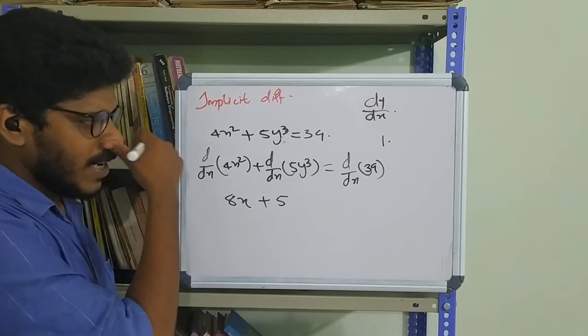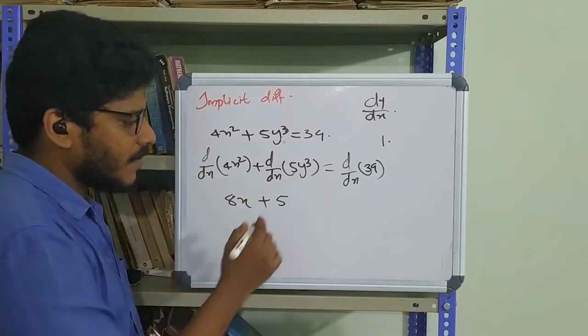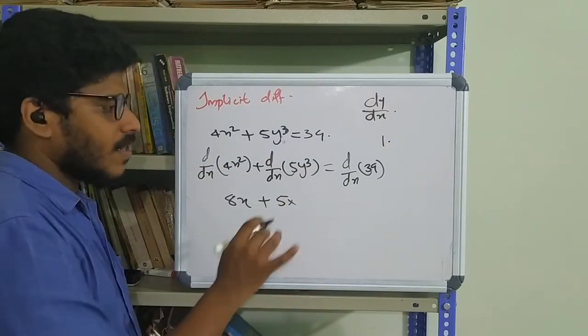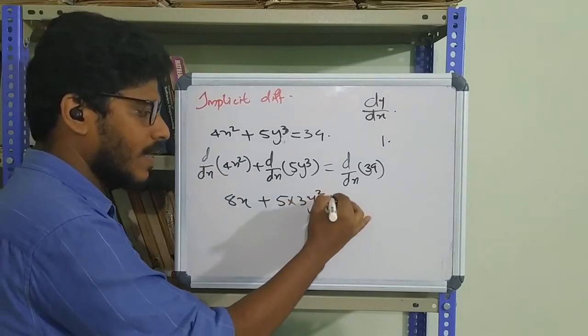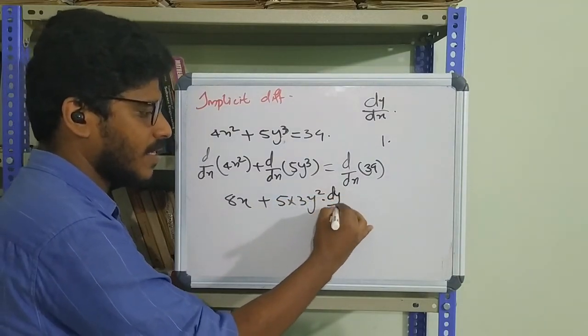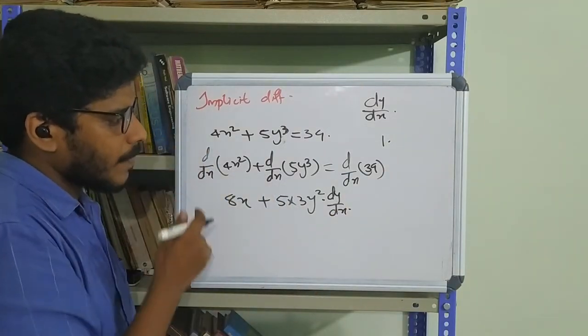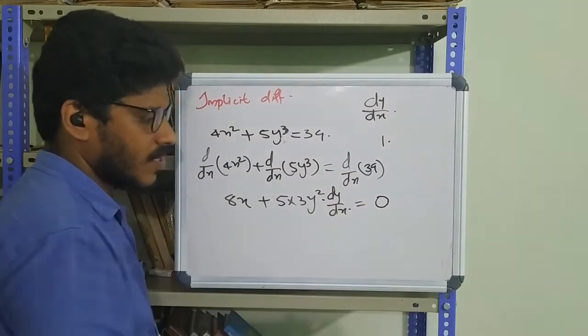See, actually we make use of the chain rule here, but not going that deep. Differentiate y cube as 3y square and multiply with dy by dx. This is actually the chain rule. Is equal to d by dx of 39, which is 0.